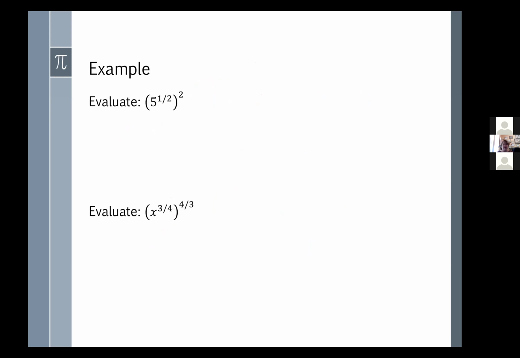Okay, now what happens in this example? In this example, we're raising a power to a power. And when I raise a power to a power, I multiply the exponents. So when I raise a number to the reciprocal of its power, I get that number raised to the first power.